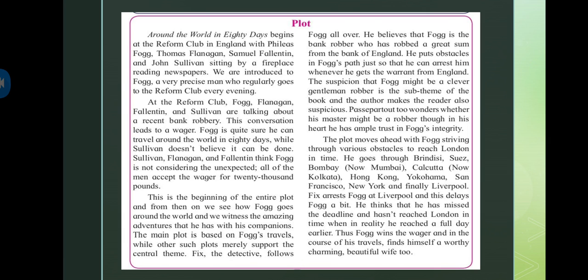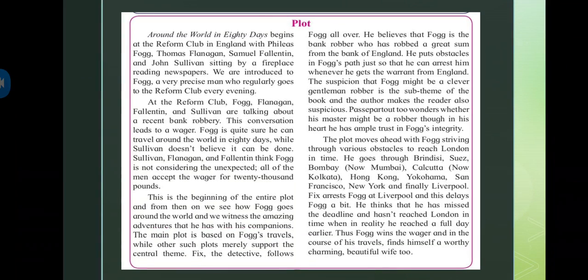Finally, there was a person who was in search of him, trying to arrest Fogg. So in Liverpool, finally he arrested him. Because of this arrest, his schedule got a bit delayed, and he thinks that he has missed the deadline and hasn't reached London in time, when in reality he reached a full day earlier.